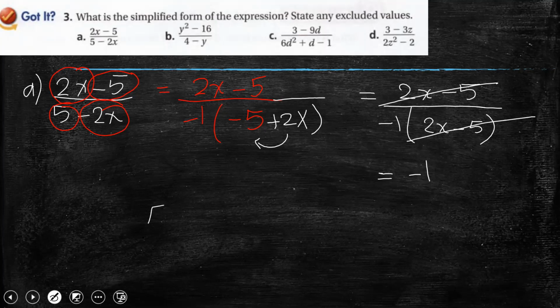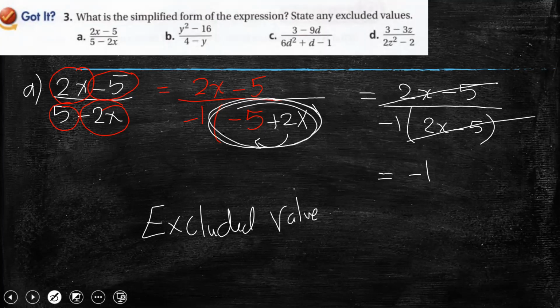Now, let's find the excluded value. To find the excluded value, come here. You have negative 5 plus 2x. Let them equal 0. So if you remove 5, you get positive 5 here.